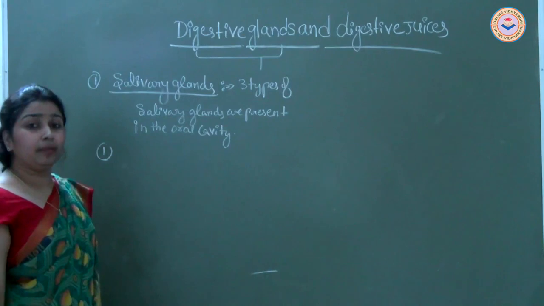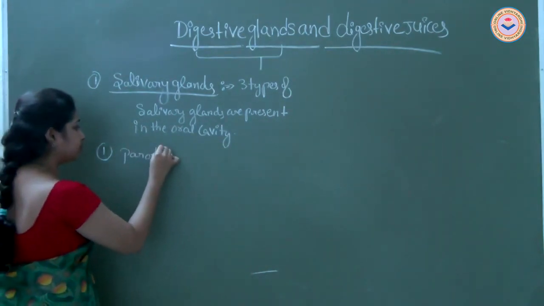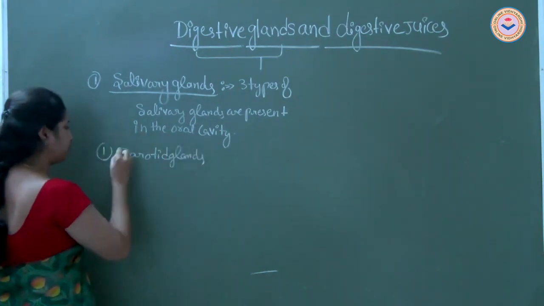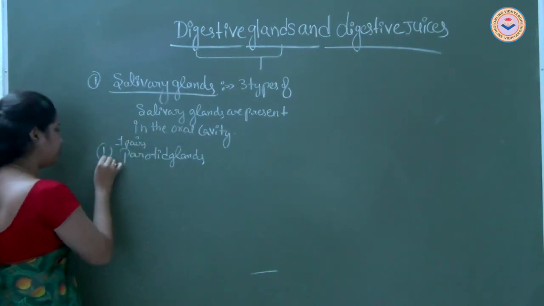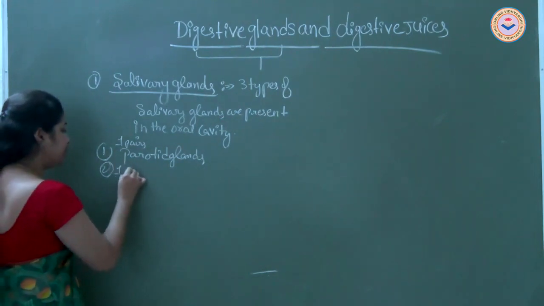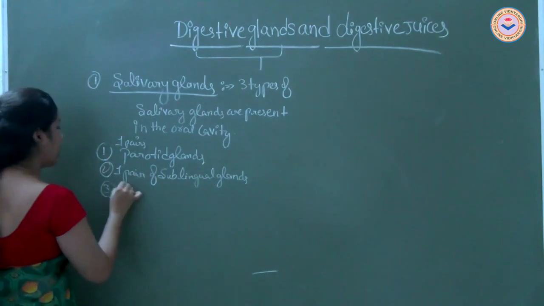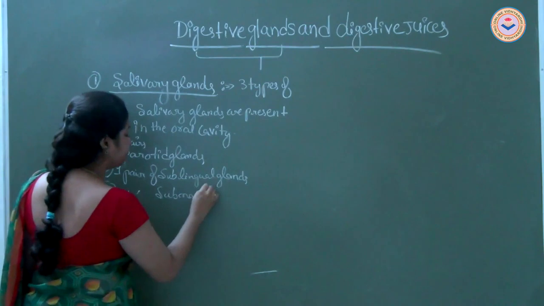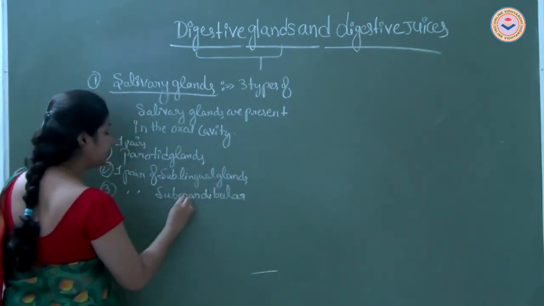One is the parotid glands, one pair of parotid glands, one pair of sublingual glands, and one pair of submandibular glands, also called maxillary glands.